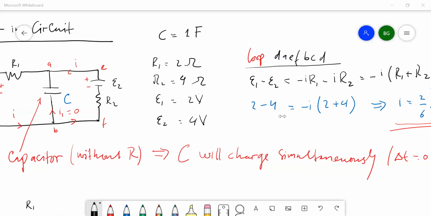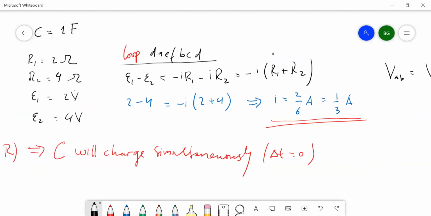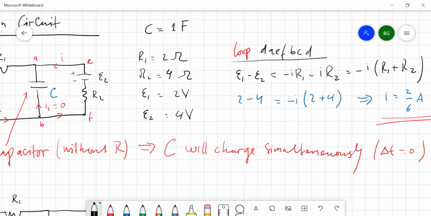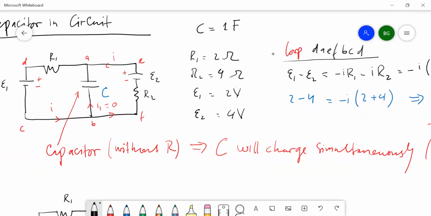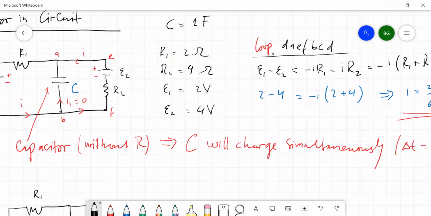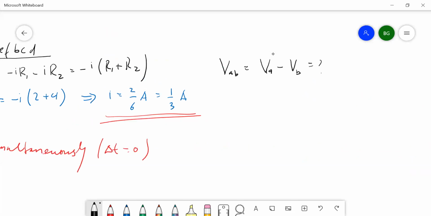Okay, let's see. You see that we have positive current, 1/3 ampere. So which one is the direction of the current? From the figure, you see that this current flows from B to A. What does it mean?